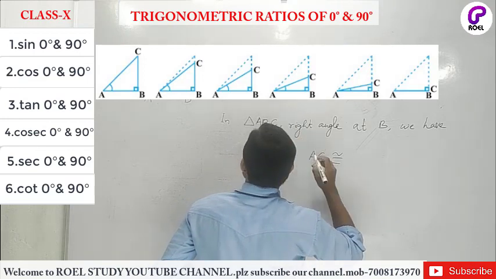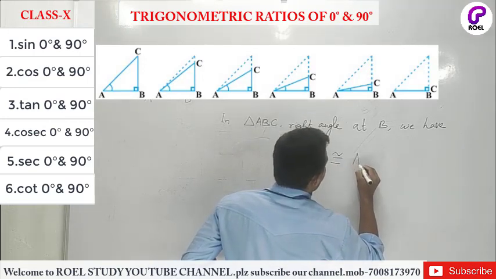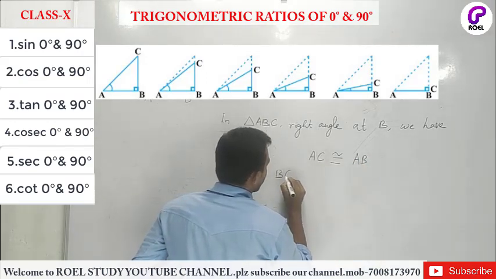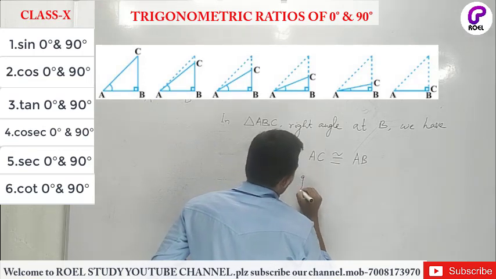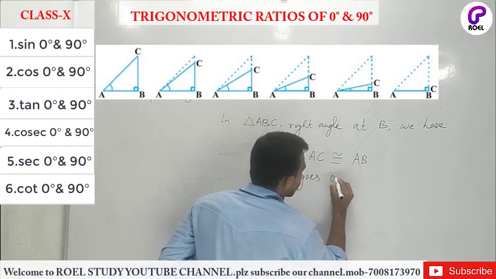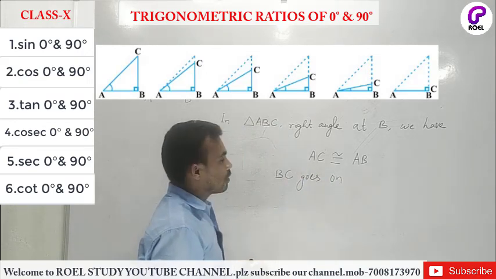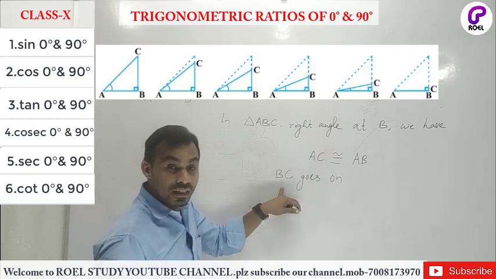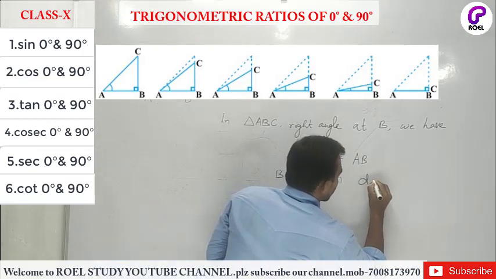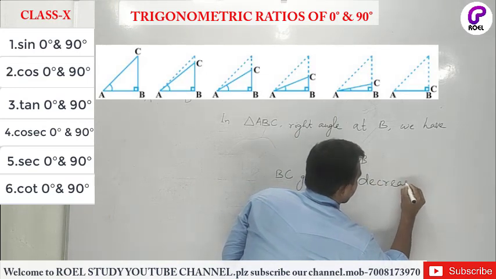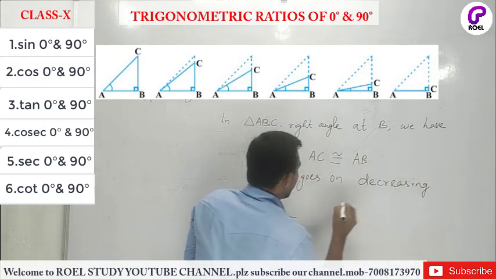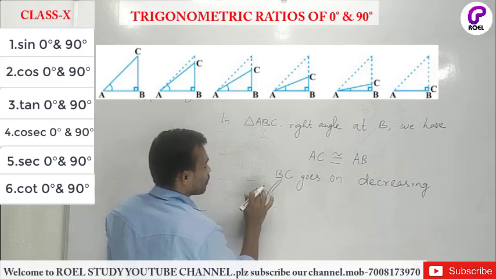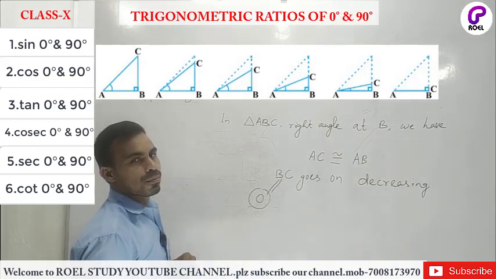Sorry, your hypotenuse is the same as the base. Whereas BC goes on decreasing. Look at it, AC will be equal to AB and BC goes on decreasing, and lastly the value will be 0 itself.